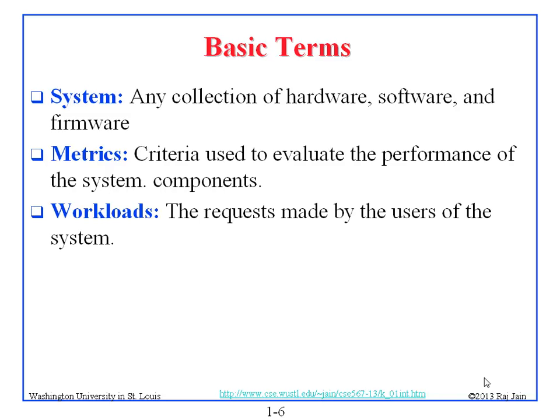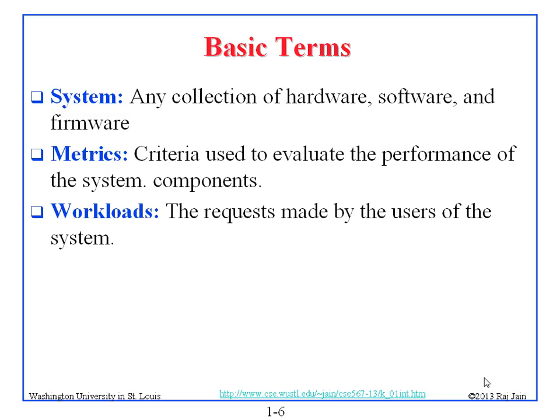Now, before I go more into detail, there are 3 terms that I will be using very often, and you have to understand those, so I'm going to explain those. First is system. Now, when I say a system, it could be any little thing, or it could be any big thing. It could be any collection of hardware, software, firmware, anything. For example, if you are just writing a search algorithm, that's your system.